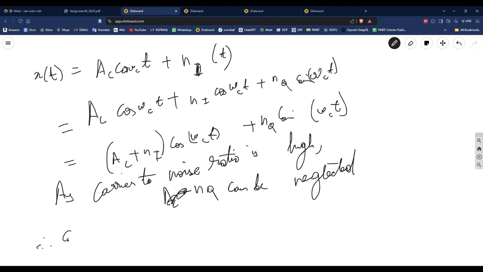Therefore, since Ac plus Ni cos omega c t is what remains, the envelope of x(t) is Ac plus Ni.